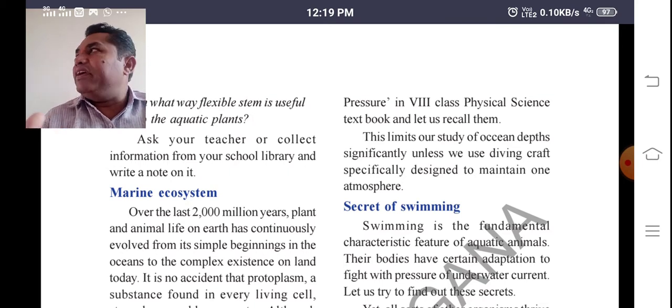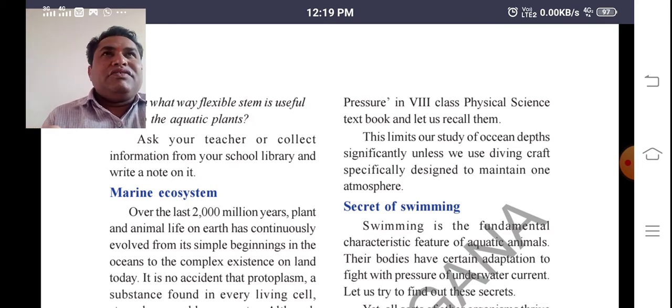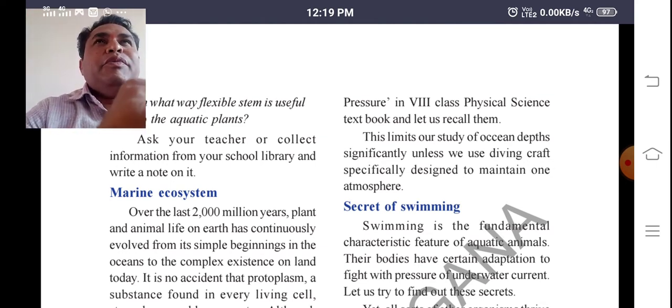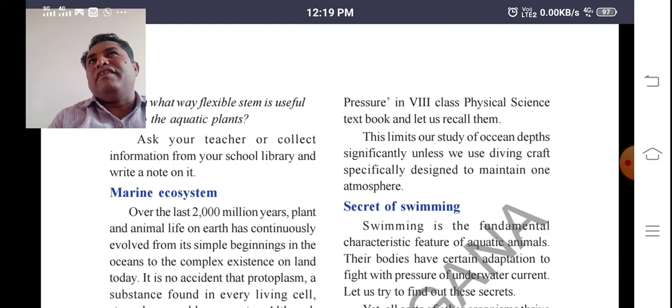Let us have a glance at the adaptations we can see in the aquatic ecosystem, mainly in animals. Animal cells are filled with air spaces so that they float easily in the water, and animals have developed flippers, particularly turtles, and fins, fins in Telugu vajalu, to swim in the water.